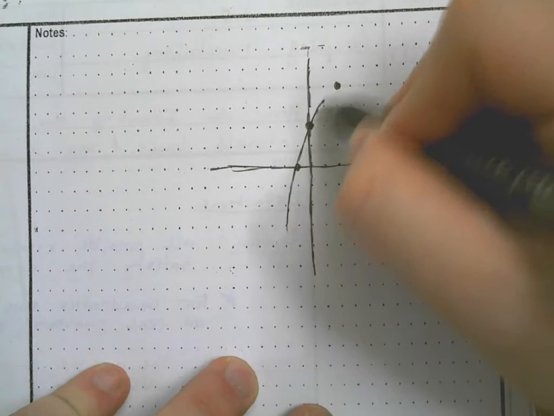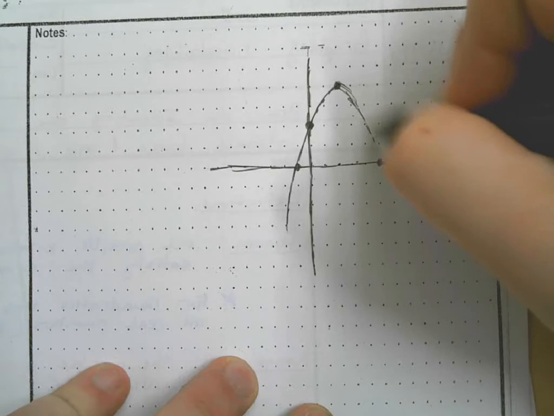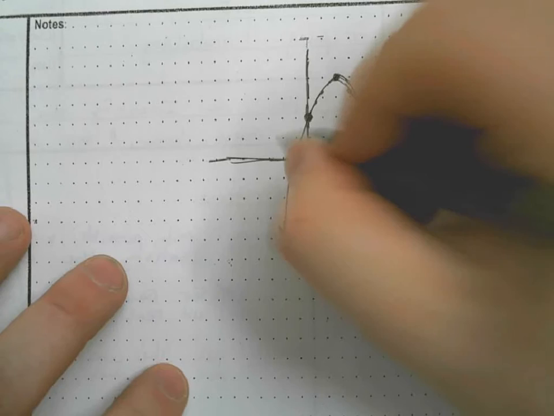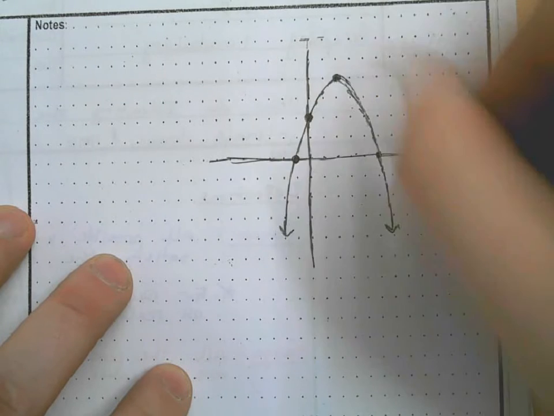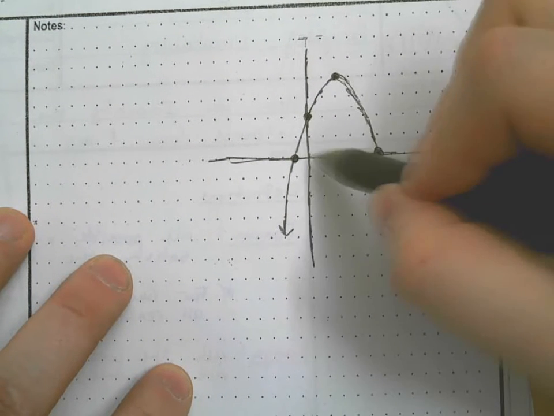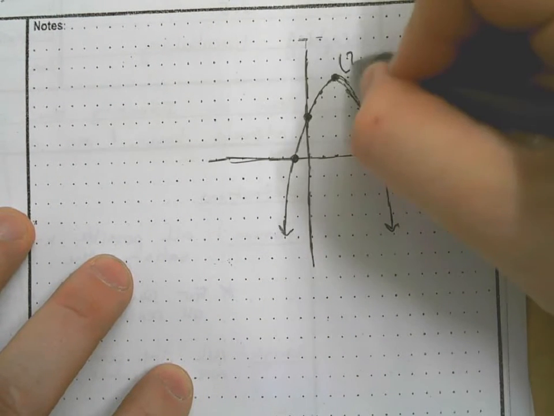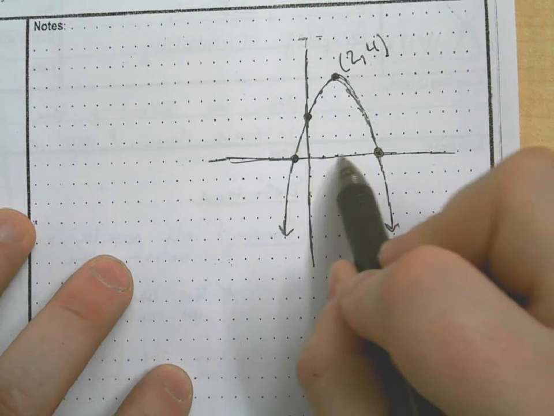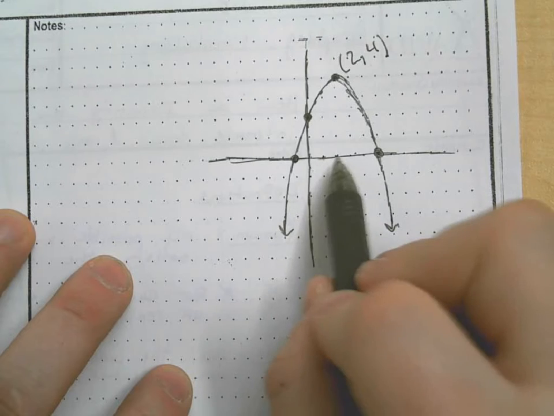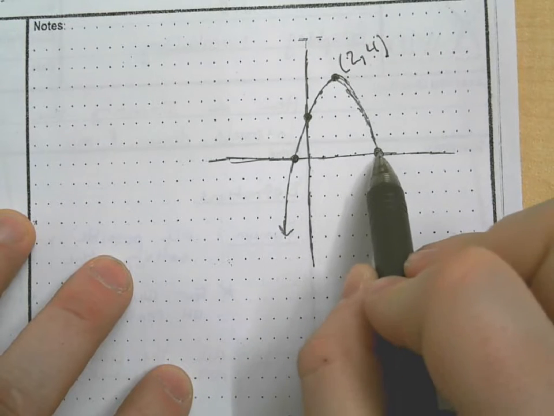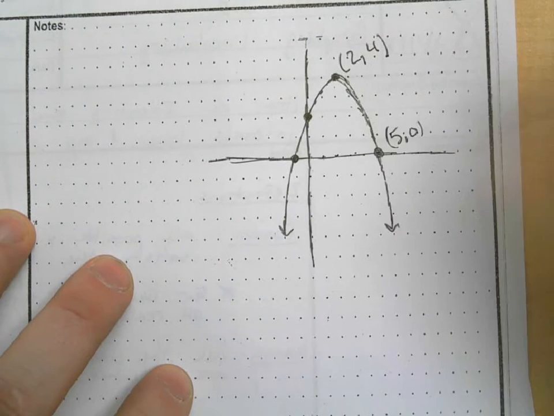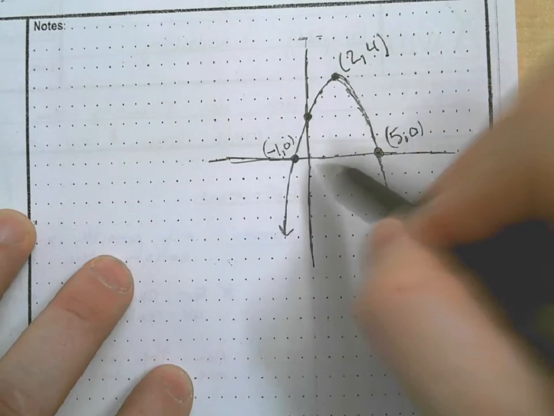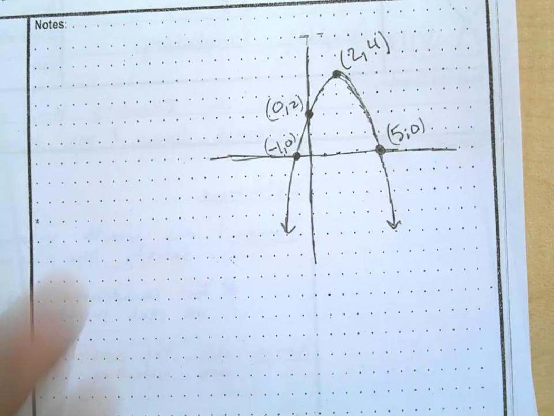And then we'll draw our parabola. I'm going to label these points so we have clear numbers to see. My vertex is (2, 4). My x-intercept will be (5, 0), and then (-1, 0). And then our y-intercept is (0, 2).